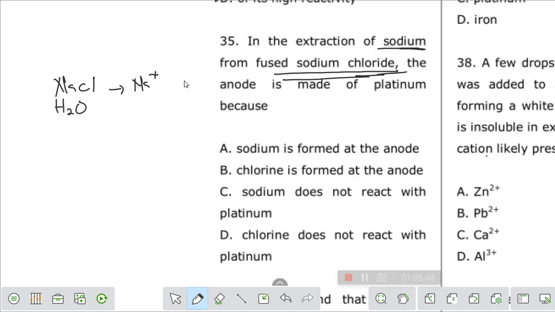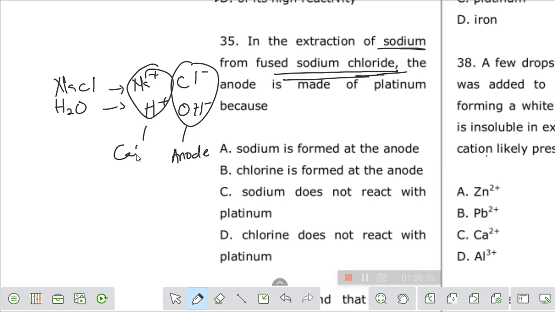I taught you this already in electrolysis. These ones will go towards the anode, and these ones will go to the cathode. Now what is that telling us?